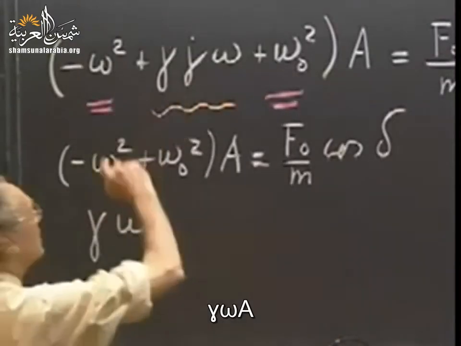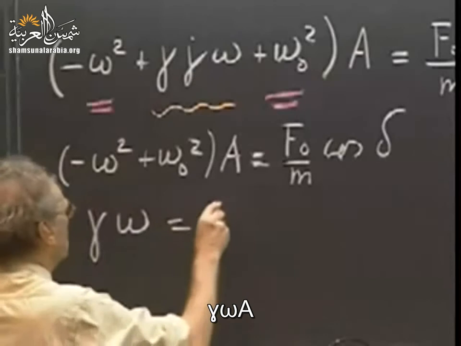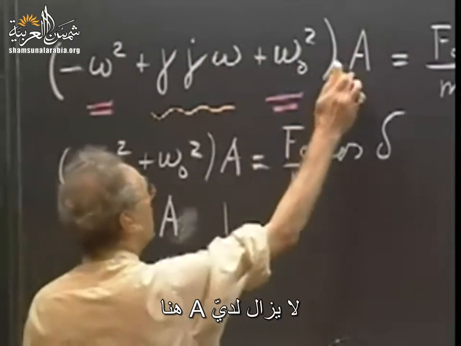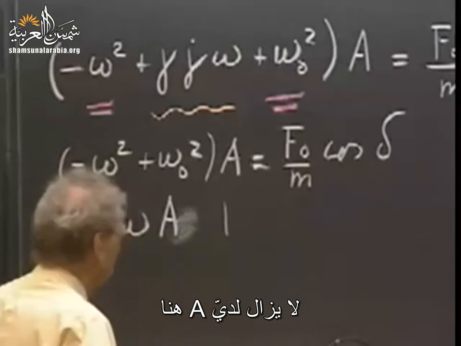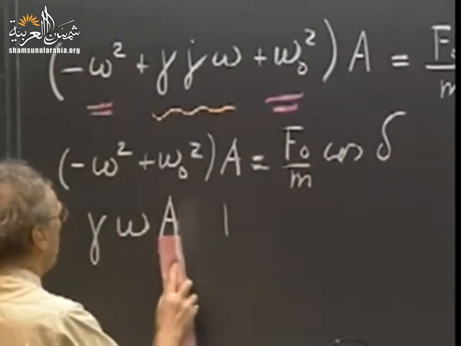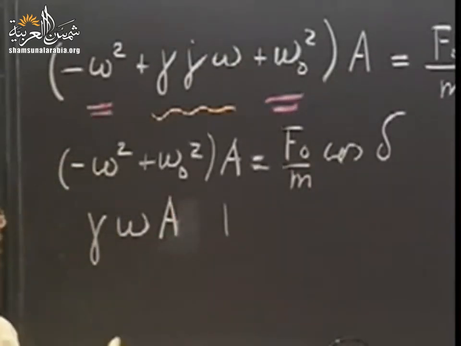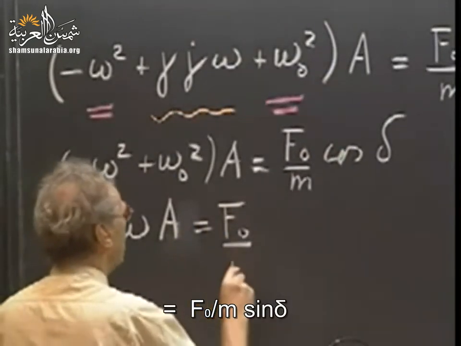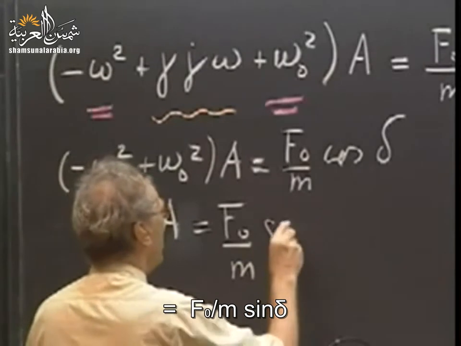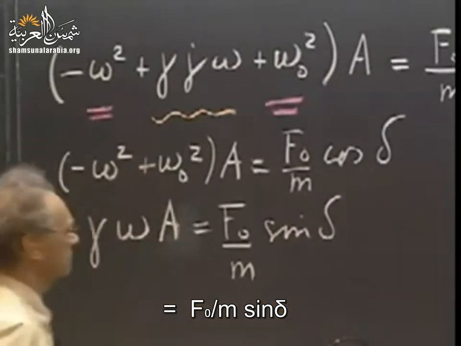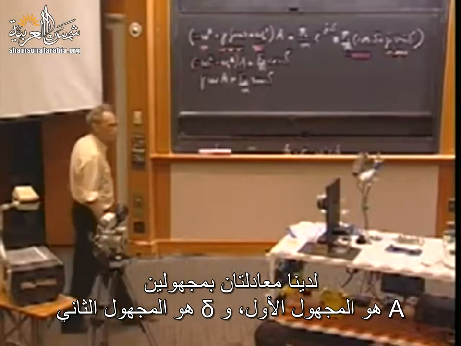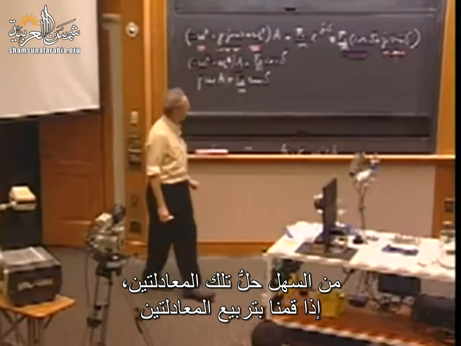Gamma omega times A, I still have this A here, equals f0 divided by m times the sine of delta. Two equations with two unknowns, A and delta, and they're easy to solve.